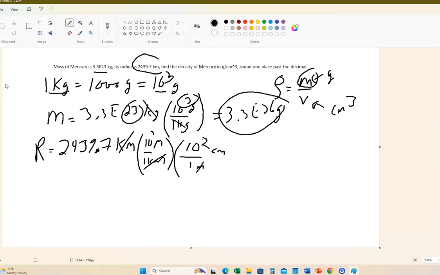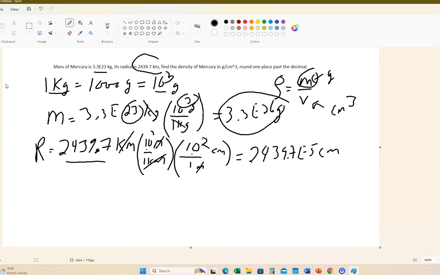So the meters cancel, and the kilometers have already canceled. It's the same number times 10 to the third times 10 to the second, so this becomes 2439.7 E5 centimeters.